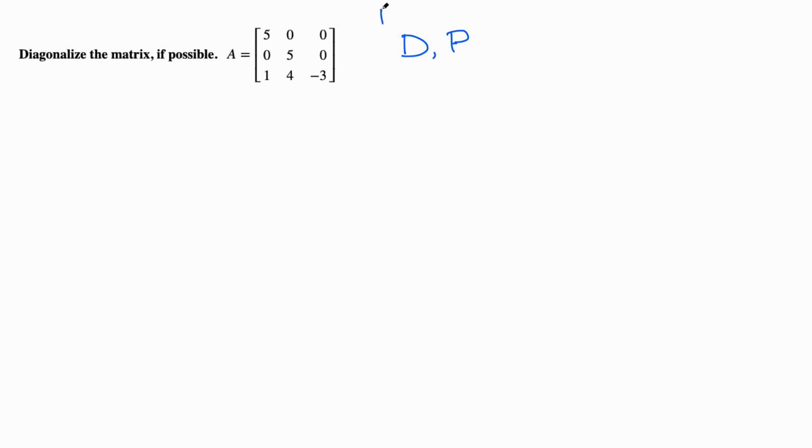Basically, diagonalizing means finding D and P such that this A matrix has the following factorization: P, D, P inverse. If we multiply these three matrices, then we get A.